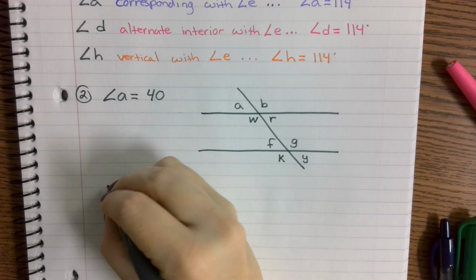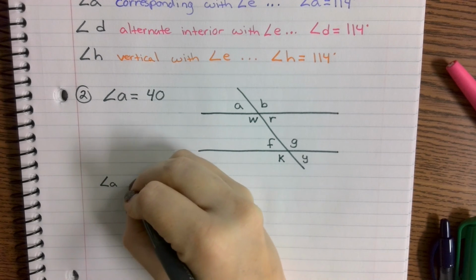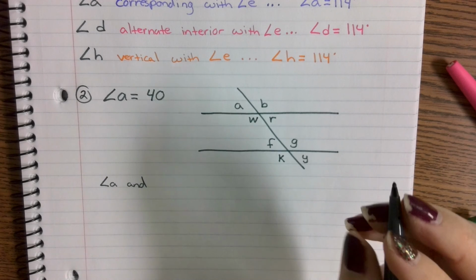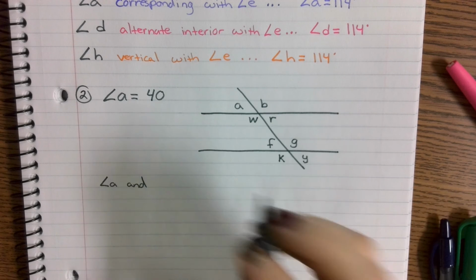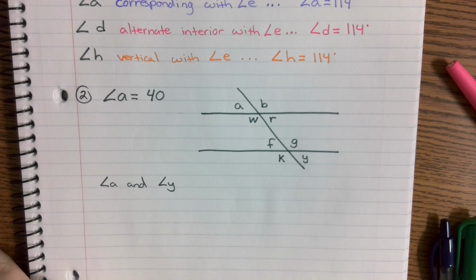So what I want you to tell me, the relationship that A and Y have, and what do they both equal? What's the relationship for angle A and angle Y?